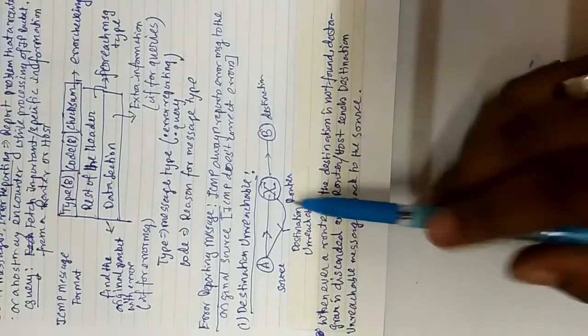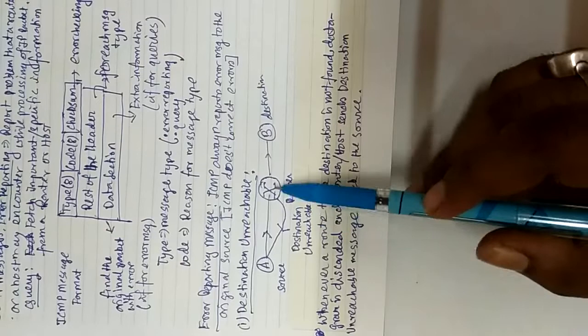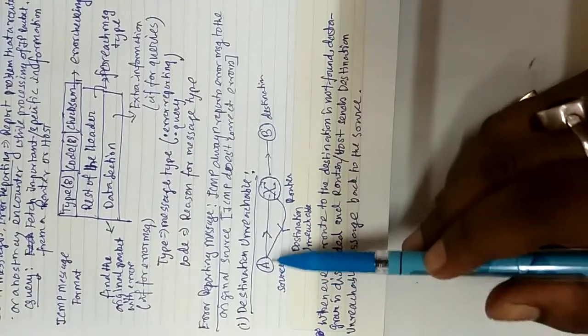So this destination unreachable message will be sent to the source, that is A.